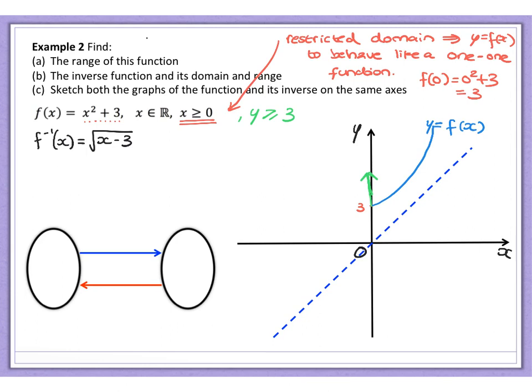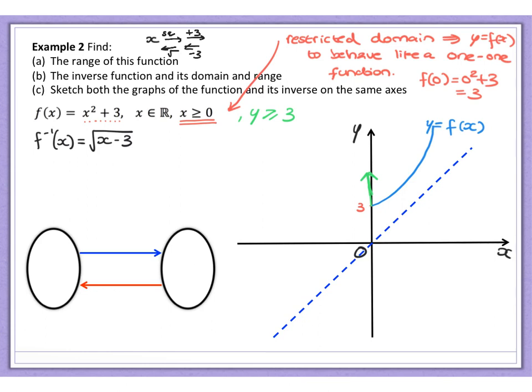Again, if you want to draw a flowchart for this, we start off with x, it is squared, and we then add 3, so to reverse that for the inverse function, subtract 3, and then square root. And as you can see, we only start with positive x values, which are inputted into the original function, and so we will only end up with positive values when we take the square root for the inverse function.